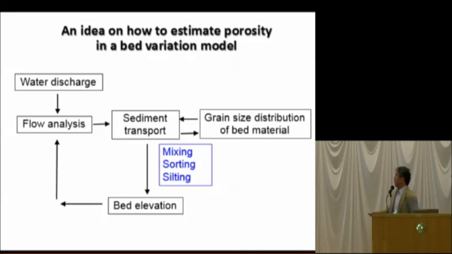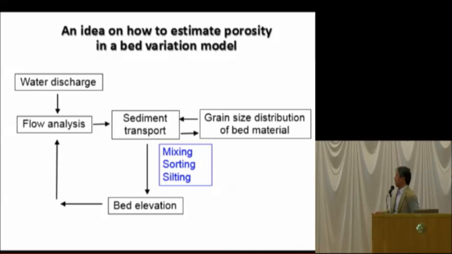And here we are considering the mixing between the transported sediment and bed material. And also we are considering the sorting process, and the silting process of the fine sediment, like the suspended sediment. And as a result, we obtain the grain size distribution of bed material.